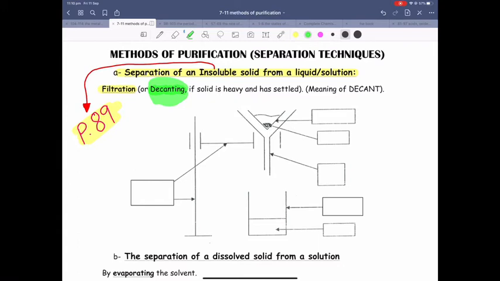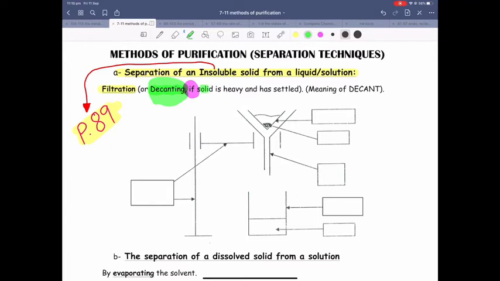The reason why I'm saying this is because decanting doesn't work in every situation of separating an insoluble solid from a liquid. No. Decanting has a very important condition in order to work. A very important if. This if is very important, right?